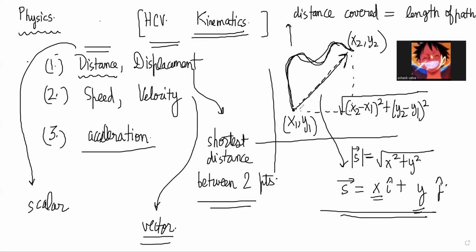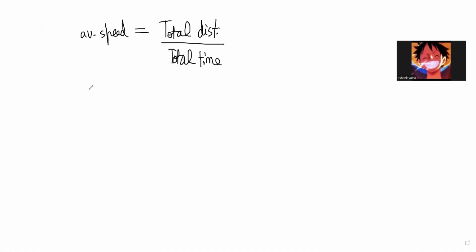Similarly, based on the distance and displacement, we can define our speed and velocity terms. Average speed is defined as the total distance covered divided by total time, and average velocity would be the total displacement in whatever time it took. So average speed, you will say total distance by total time, and instantaneous speed.